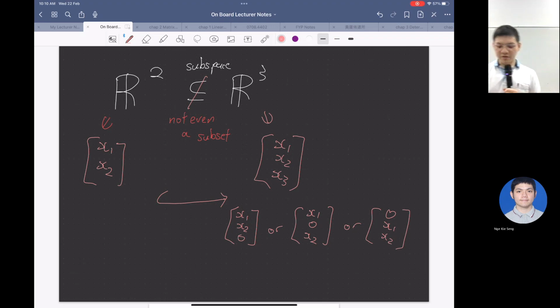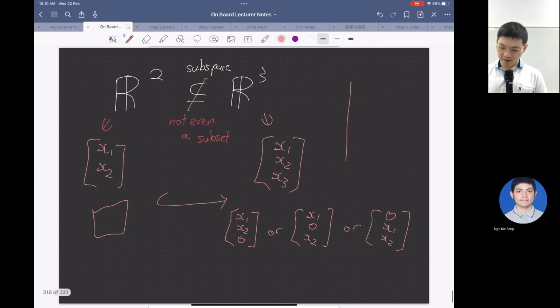We have different ways of including it into R3, but it is not a subspace of R3. This is like how we imagine a plane sitting inside 3D.